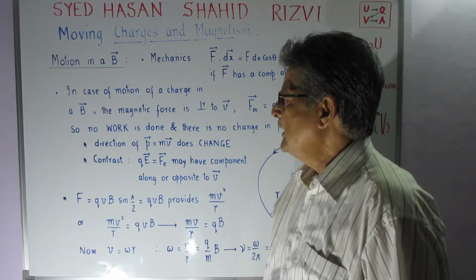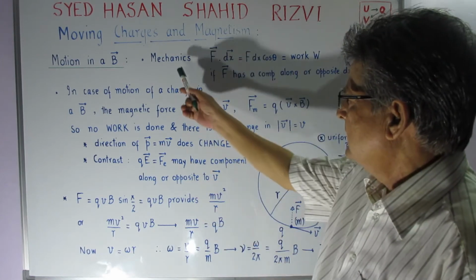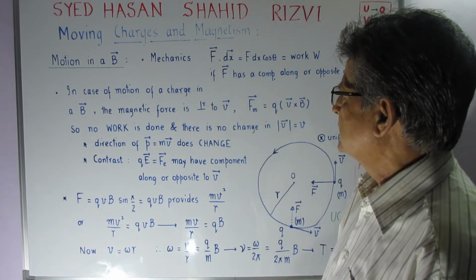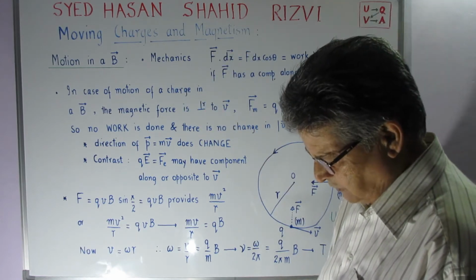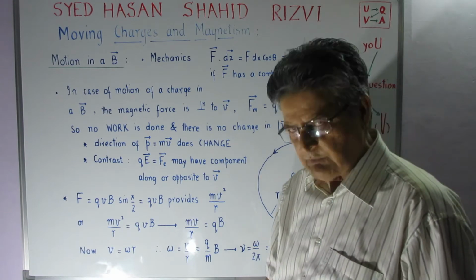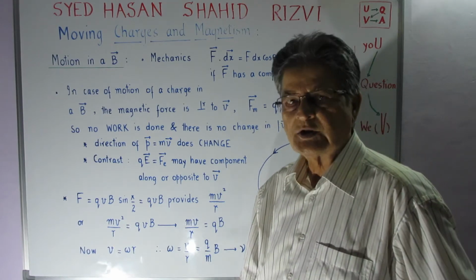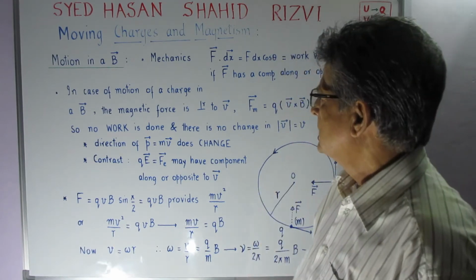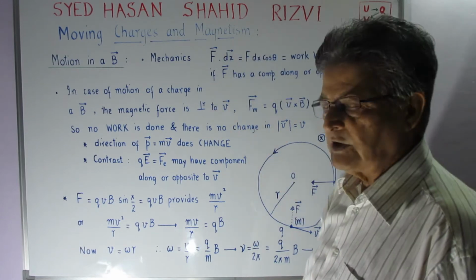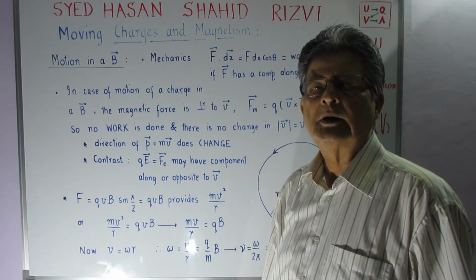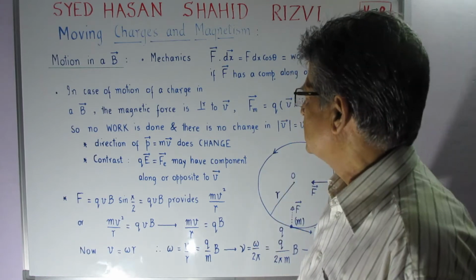and let's go back and revisit mechanics. In mechanics we talked about work done when there is a force and the force has a component in the direction of motion of the particle, the mass.